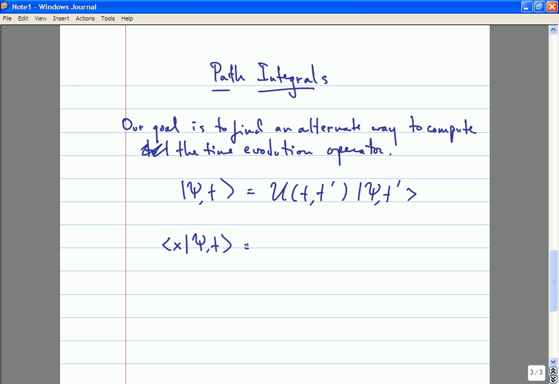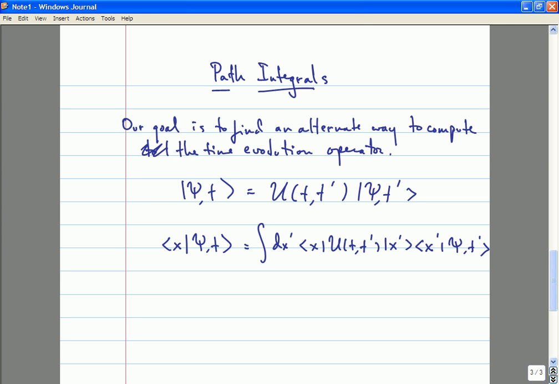And this would be equal to, just by inserting a complete set of states, the matrix element of U times the wave function of the particle at some earlier time t'. So it's the integral dx' of the matrix element of U between x and x' times the wave function at some earlier time.